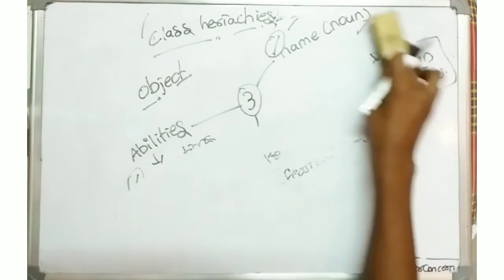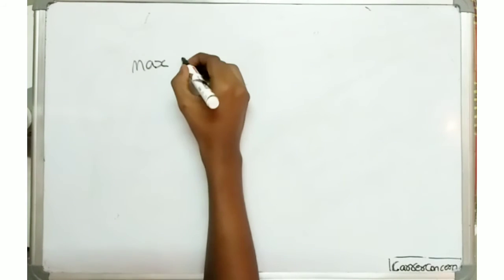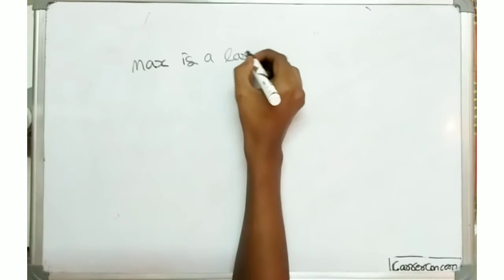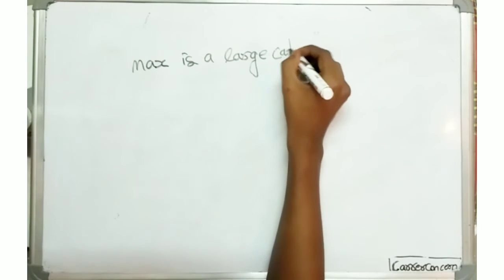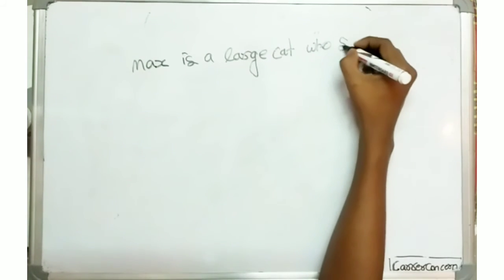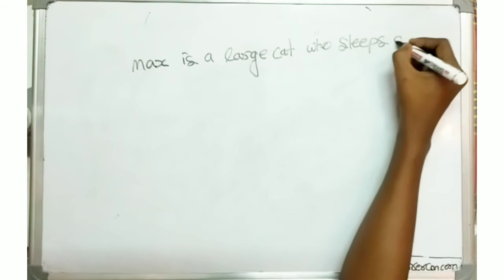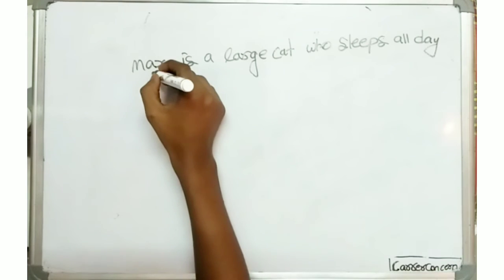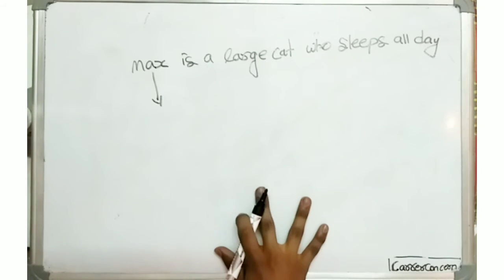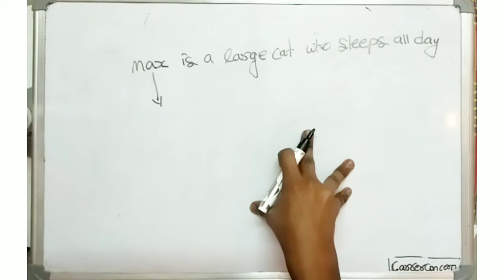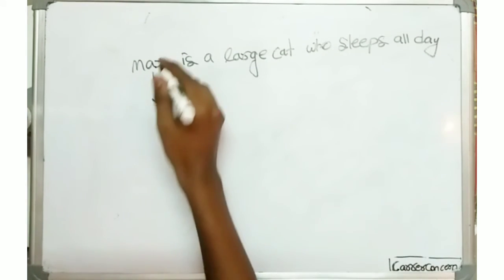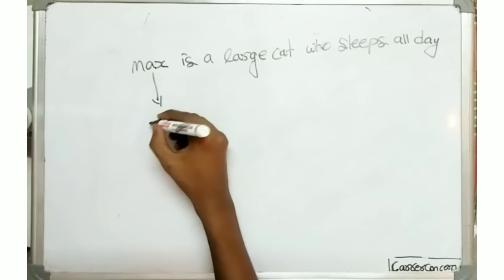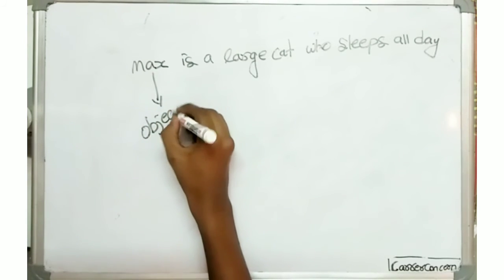Let me see another small example for better understanding. Max is a large cat who sleeps all day. From this we need to find which is the class, which is the object, what are the attributes and operations. Max is a name, an object name.